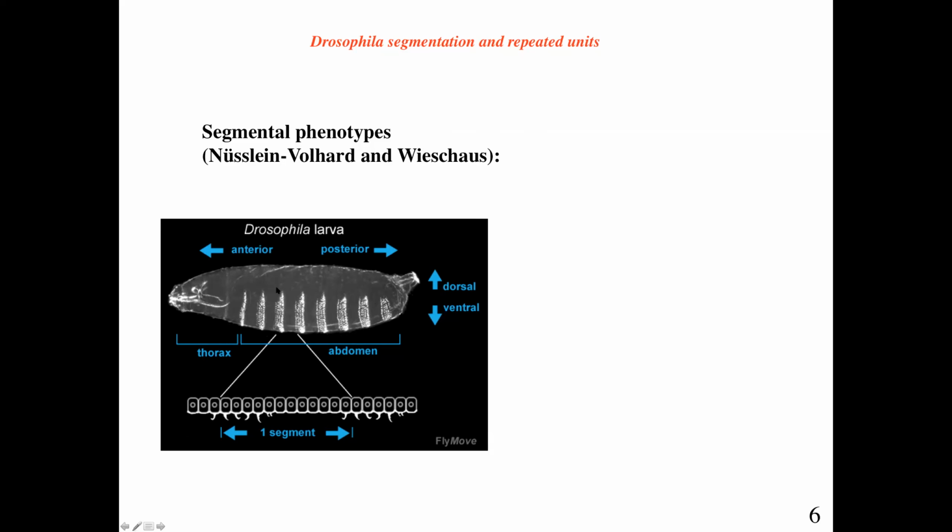Now, this bristle phenotype is not the same from the first abdominal segment to the eighth one. They're not the same. You can appreciate that this one is like this, and this one is like this. You might find that they look similar here and here, but they're not. And then gradually towards A6, A7, A8, it looks very different.